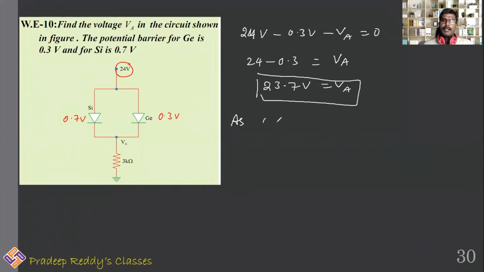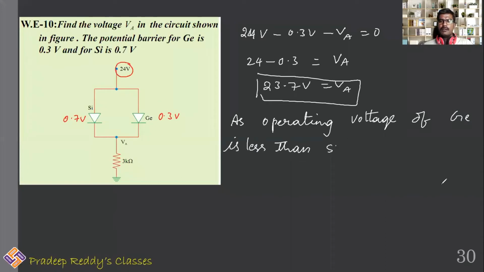As the operating voltage of germanium is less than silicon, it is shorted at 0.4 volt.